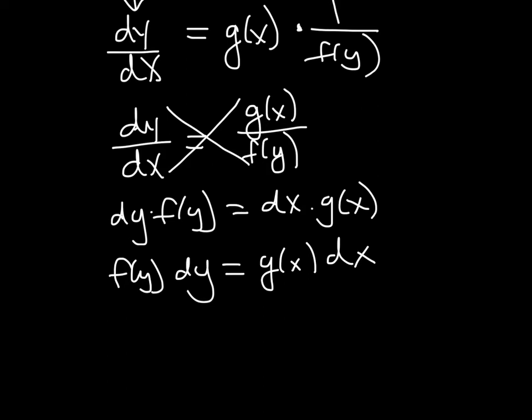So here the variables, my variable y and my variable x, a function of y and a function of x, I separated the variables, meaning I isolated the variables on opposite sides of the equation.